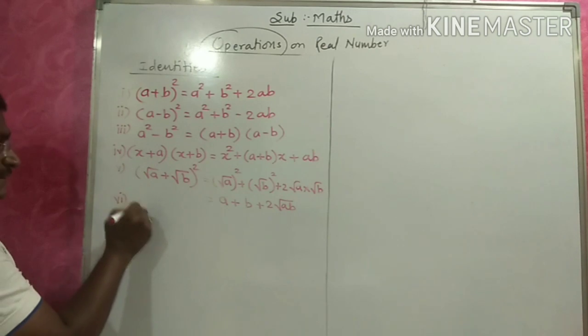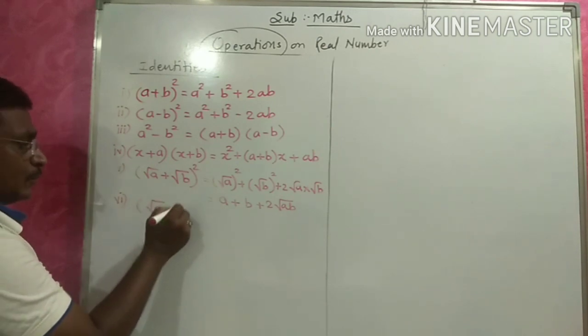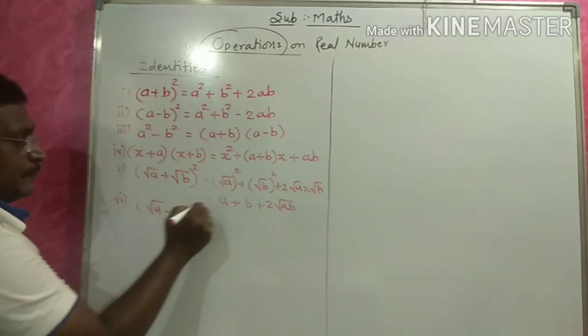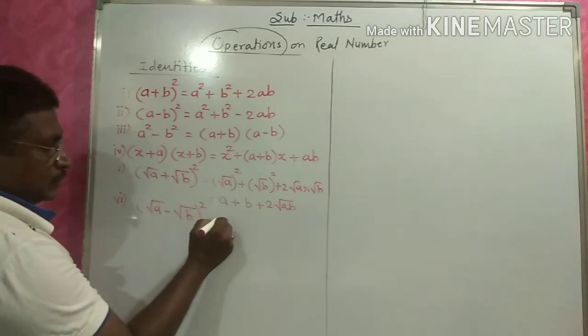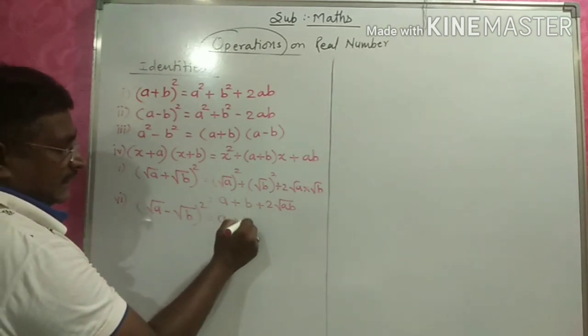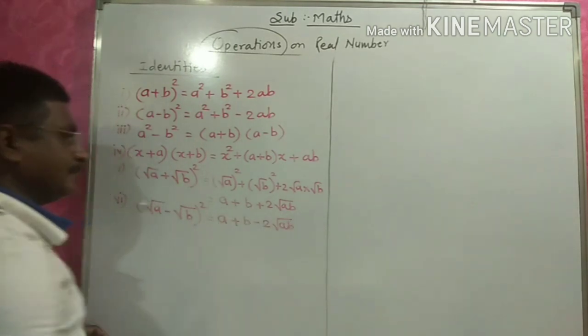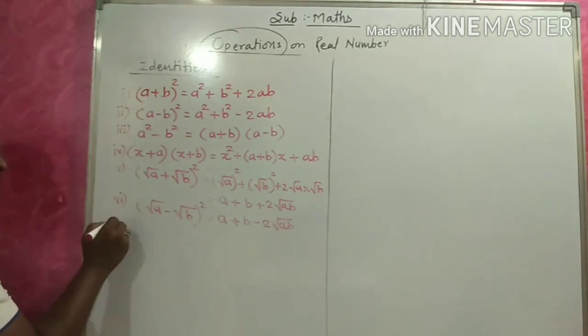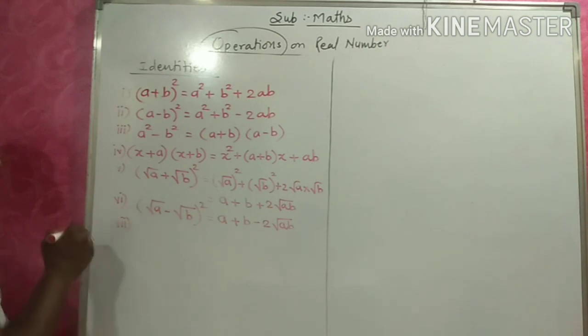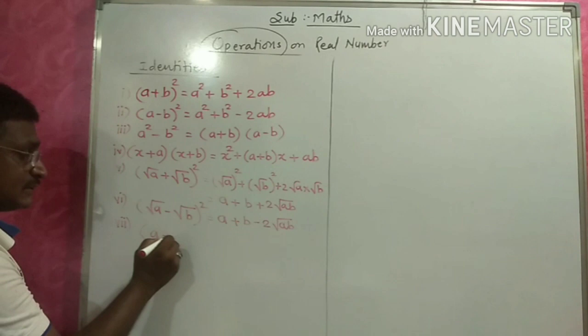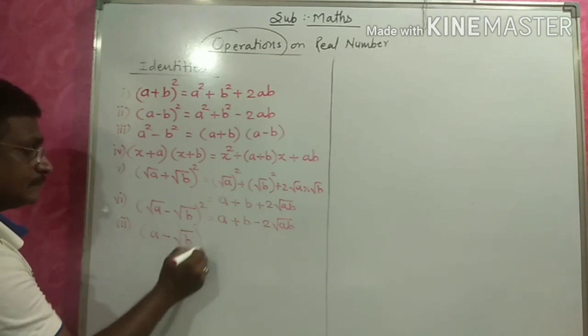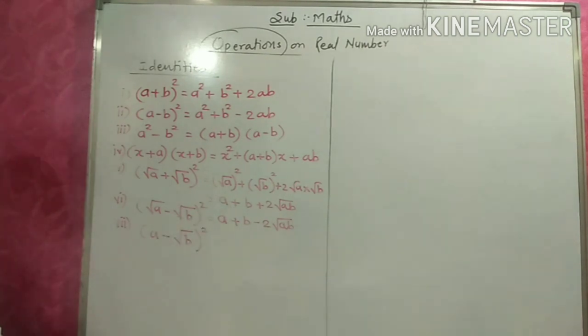Now in the same way, (root A minus root B) whole square. So what will we get? A plus B minus 2 root AB. Next identity, where one term is rational and one is irrational, whole square.